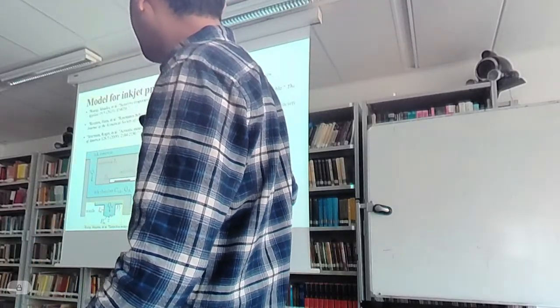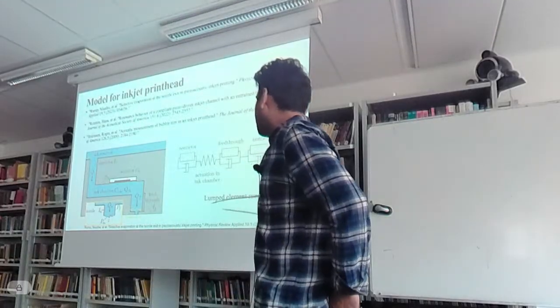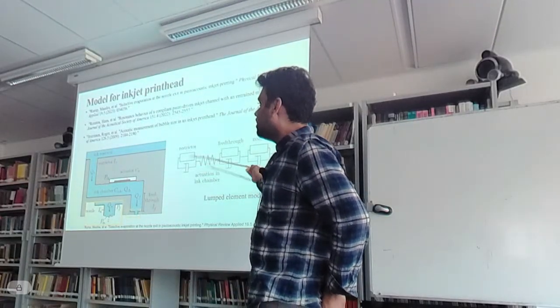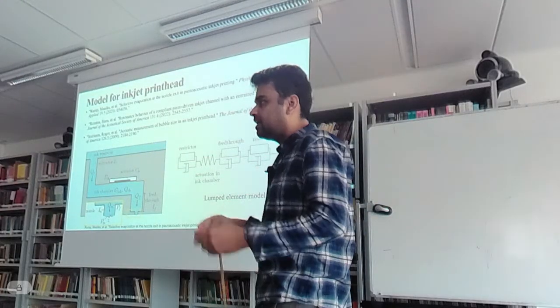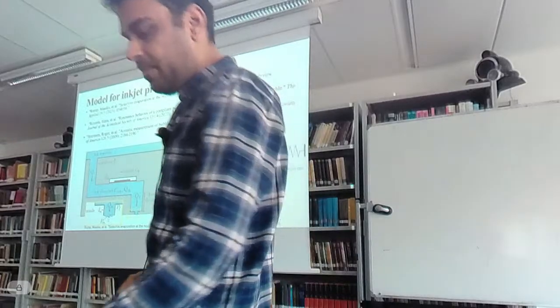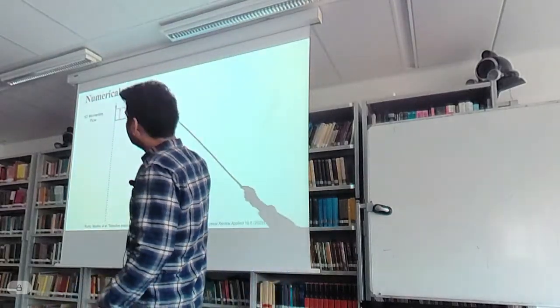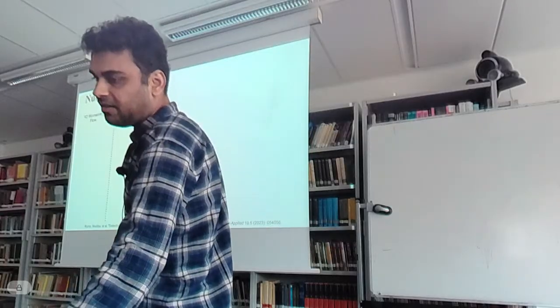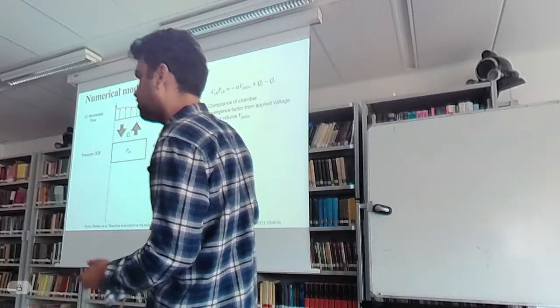We have some models that are already available in literature which are based on lumped element models where we model different components with spring, mass, damper, which are connected in series or parallel. And in numerics, we have a 1D Womersley flow in the restrictor, from where the ink can flow into an ink chamber, for which we solve a pressure ODE.